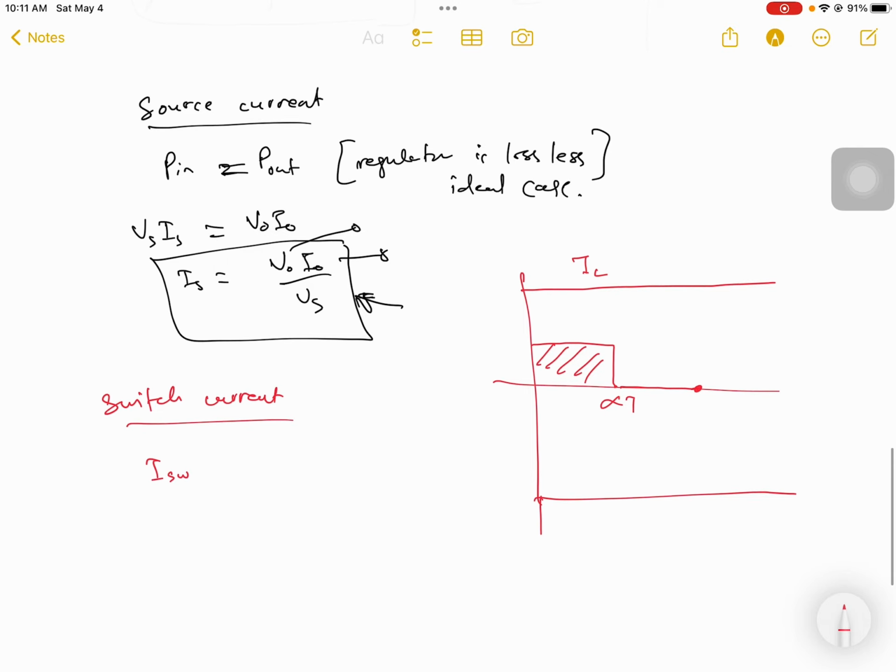So when S is closed, this is your diode current and this is your switch current.